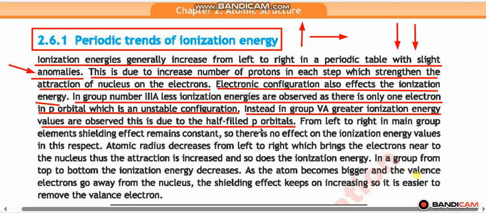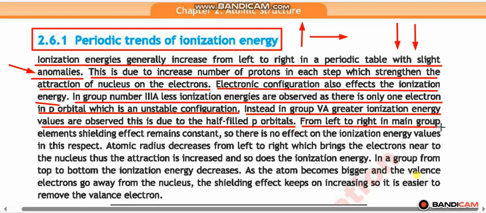The 3 electrons mean that the p orbital is half-filled, and half-filled orbitals are more stable. Their electrons have lesser energy. That is why they will need more amount of energy to be removed. That is why the p orbital which has 3 electrons will require more amount of energy.